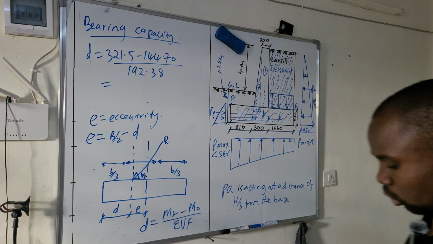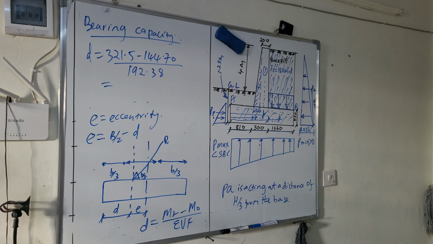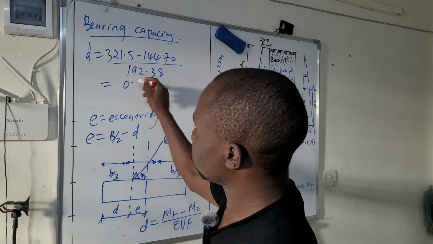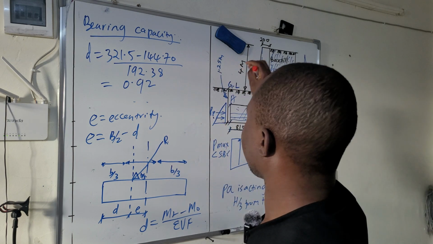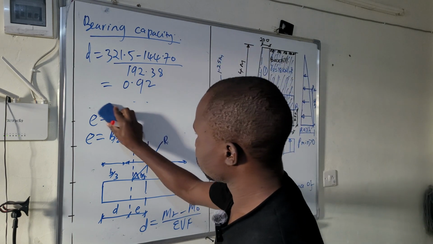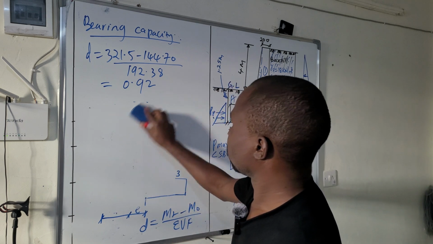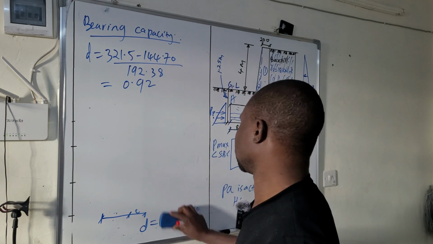So D is equal to 0.92. So that is our D.